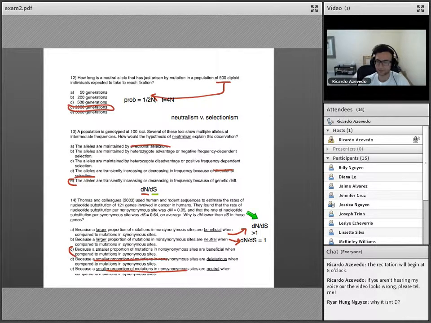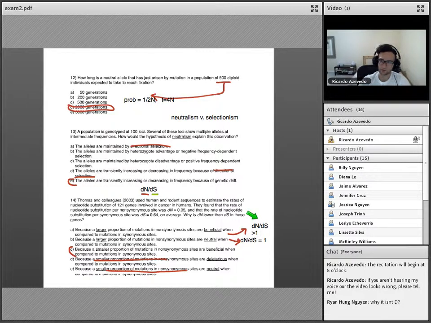So, again, just to remind you, in the case of synonymous substitutions, because of the neutral theory or neutralism, the idea is that the rate at which synonymous substitutions arise is a fixed rate. It's like a ticking clock. It doesn't change because it has no effect whatsoever, so it's neither beneficial nor deleterious.